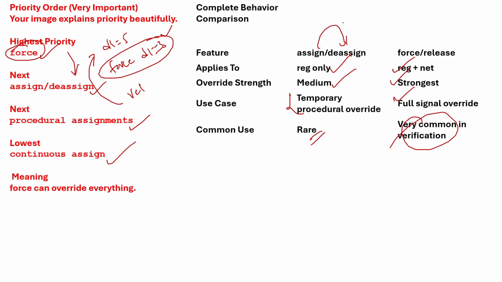But you are using assign to a reg, and that reg is capable of storing the value. Most of the time I utilize it inside an always begin block or initial begin block, but here I am utilizing it normally, then I may get confused. So this register is utilized for procedural assignments or continuous assignments. That's why I'm not utilizing assign and deassign.